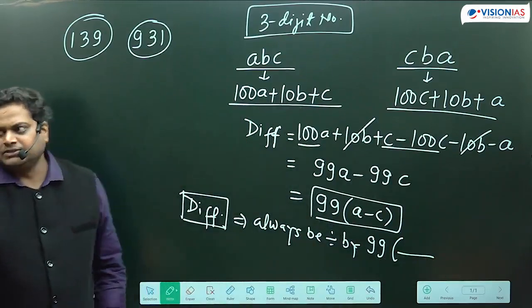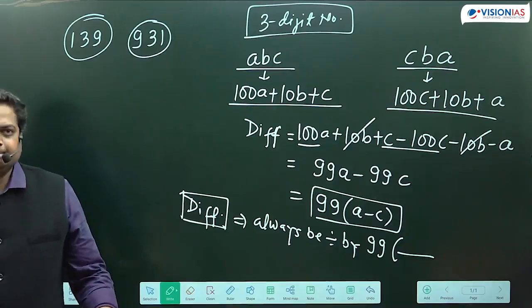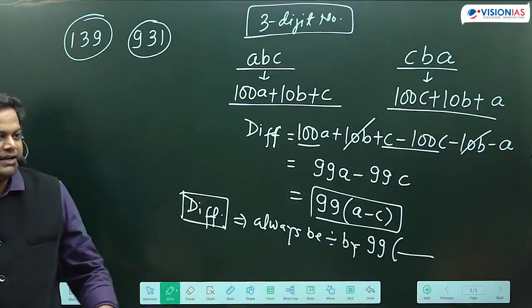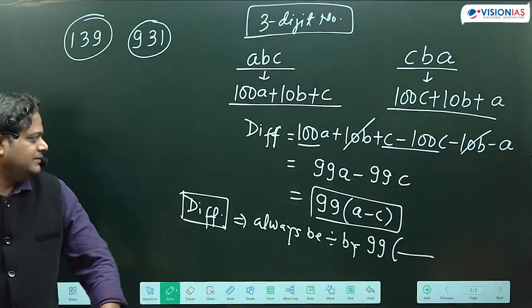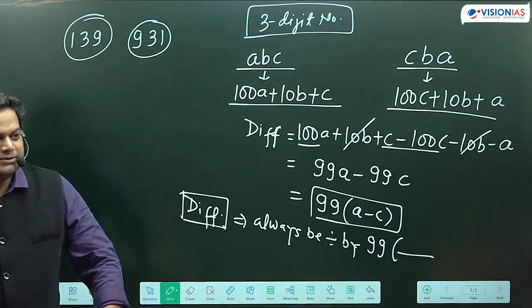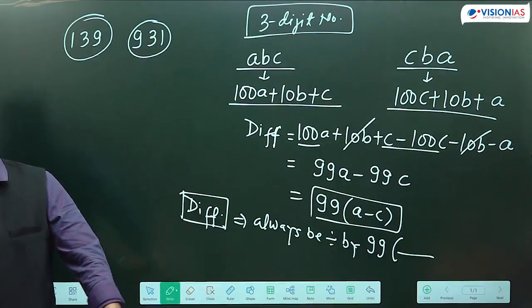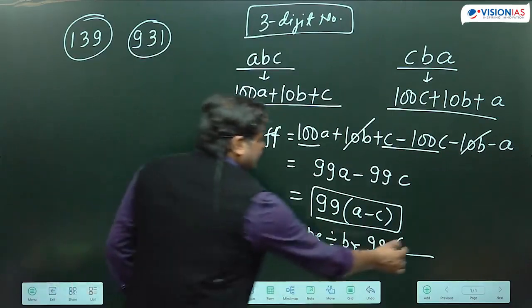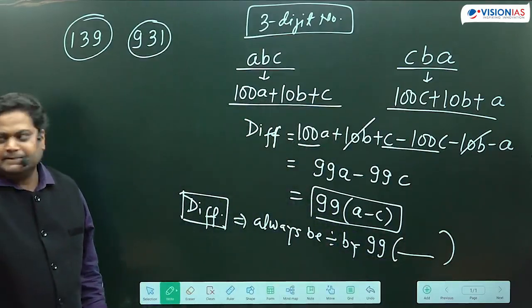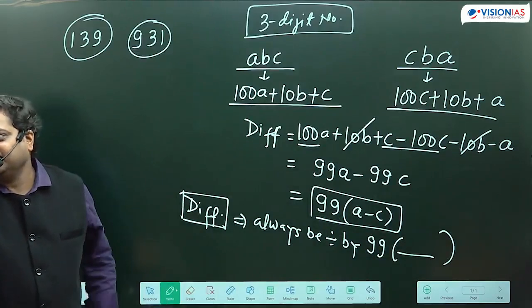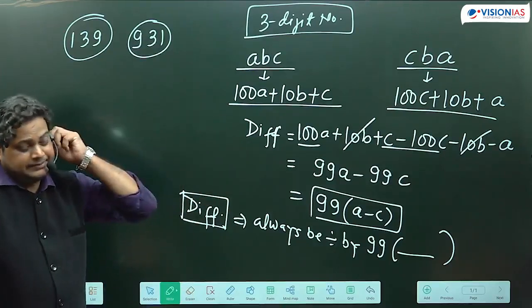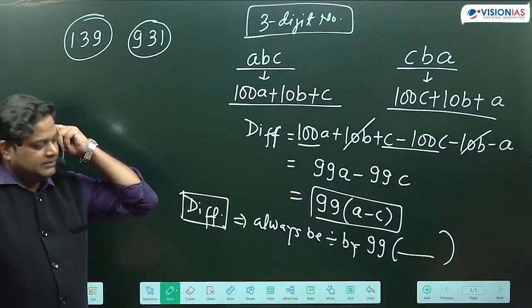What can be the factors of 99? 3, then 9, then 11, 33, also. So by 99 and the factors of 99. 27, ठीक है, 9 और 3 दोनों है तो हो जाएगा.